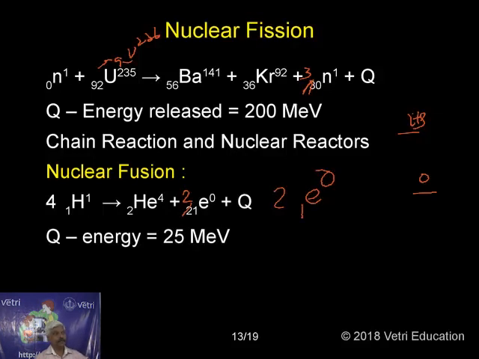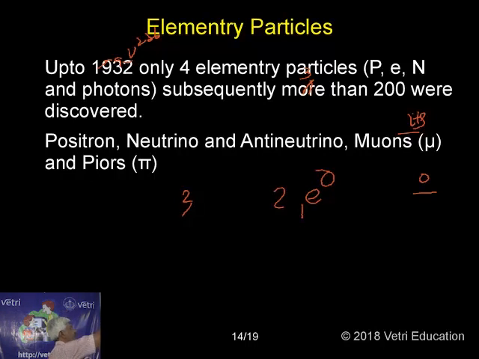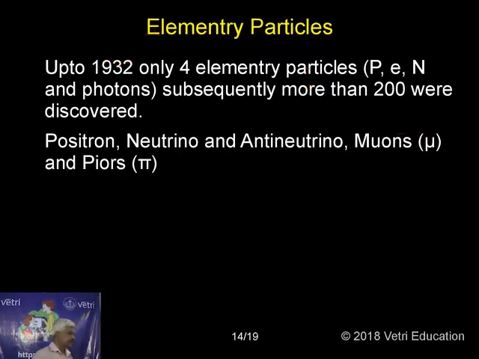Solar energy is due to nuclear fusion. Cosmic rays are also there. What are cosmic rays? We know the rays which come from the upper atmosphere are called cosmic rays.